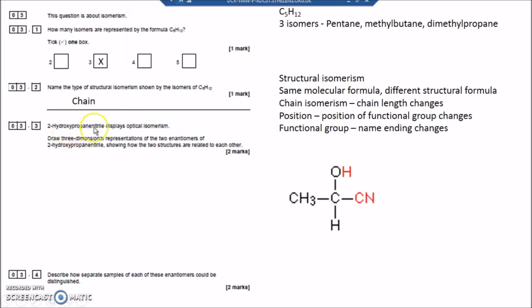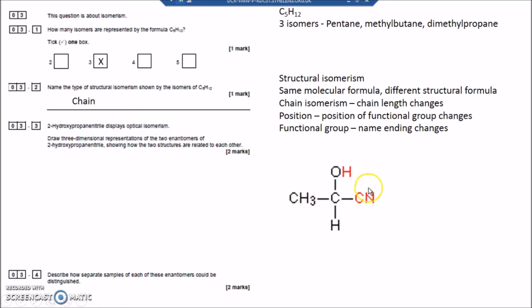So the next one, 2-hydroxypropane nitrile, displays optical isomerism. So I've drawn you 2-hydroxypropane nitrile here. Let's just have a look at it. Prop, 3 in a line. 2-hydroxy, so an OH is either an ol or a hydroxy. Propane, 3 in a line. Nitrile is a CN, and one of the C's counts as part of the chain.